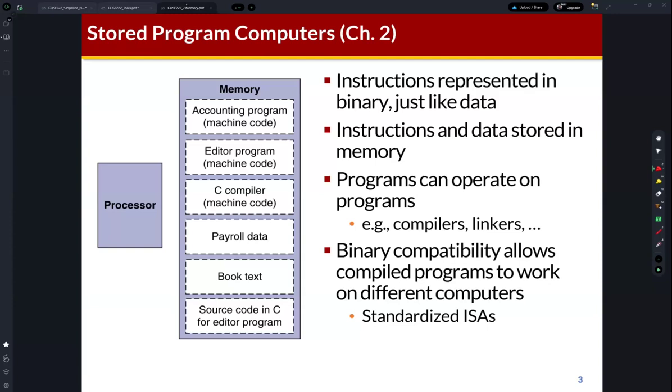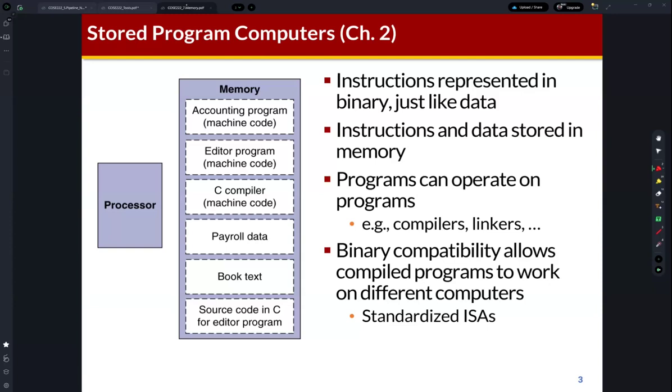Then why is memory required in computer systems? We store our data, and we store instructions in the memory, and then processors read and write data or instructions in the memory, right?